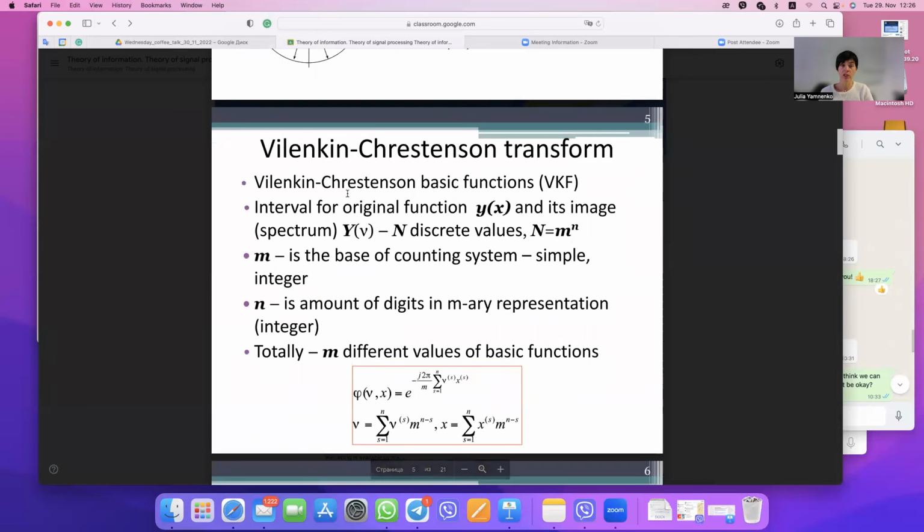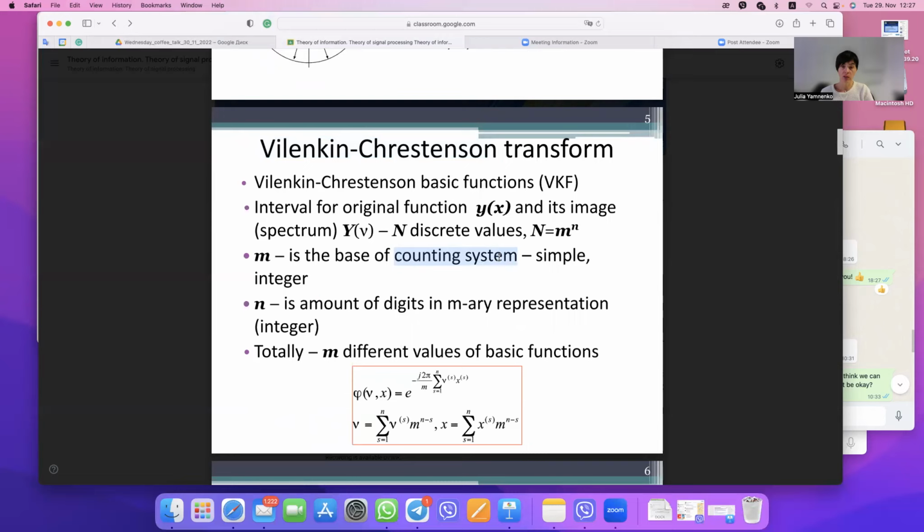The next method is called the Vilenkin-Chrestenson transform, named after two scientists. I already told you about these two scientists who invented this method together. And there is an interesting feature of this method: it is operating with a different counting system.